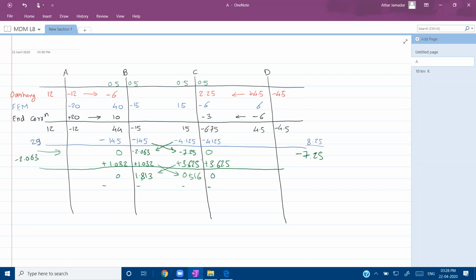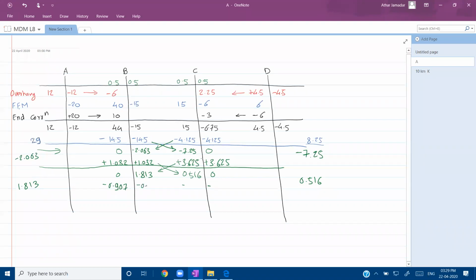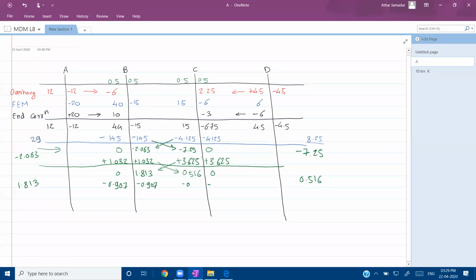It is better I write down here the unbalanced moment for this support, 0.516, and now the corrections will be 1.813 into 0.5, so it is going to be 0.907, and on the right-hand side also 0.907, and 0.516 into 0.5 is minus 0.258.